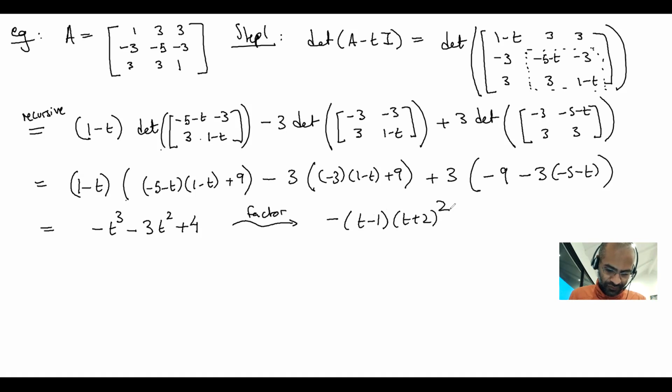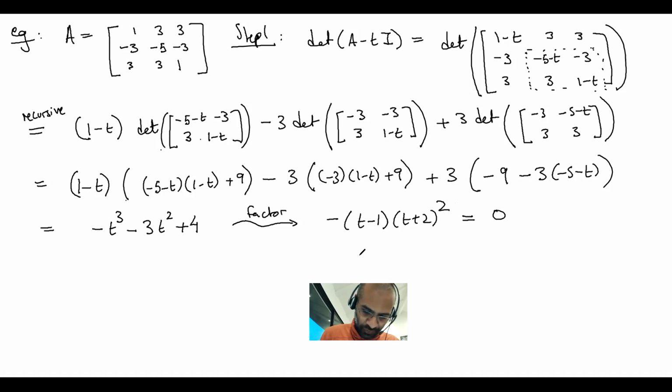In general, I'll always give you polynomials where it's easy to factor them. This one wasn't that easy, but okay. In general, this can be a somewhat involved step, but anyway, you can do it. So this one factorizes in this way. And now the characteristic equation is this equal to 0, right?